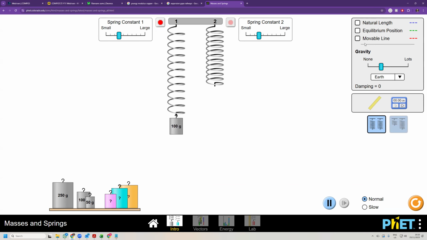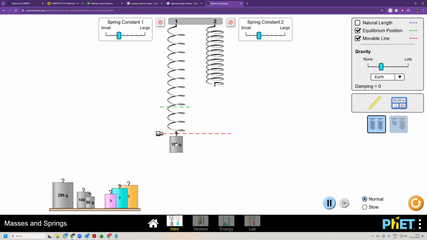The amplitude is the maximum displacement from the equilibrium position. This is the equilibrium position, and this is the amplitude. So if I stretch it to here, it will oscillate with this amplitude.